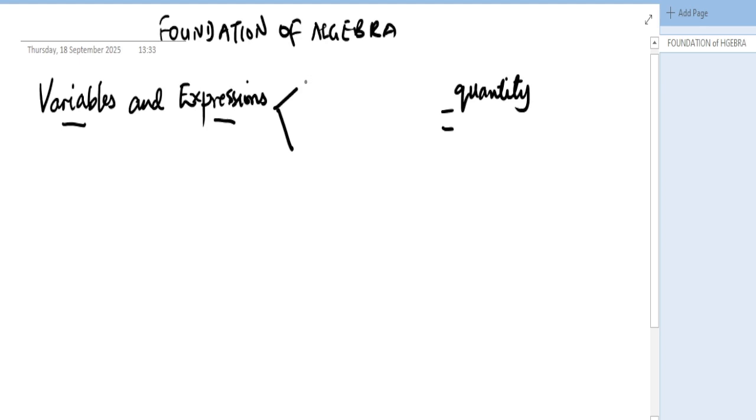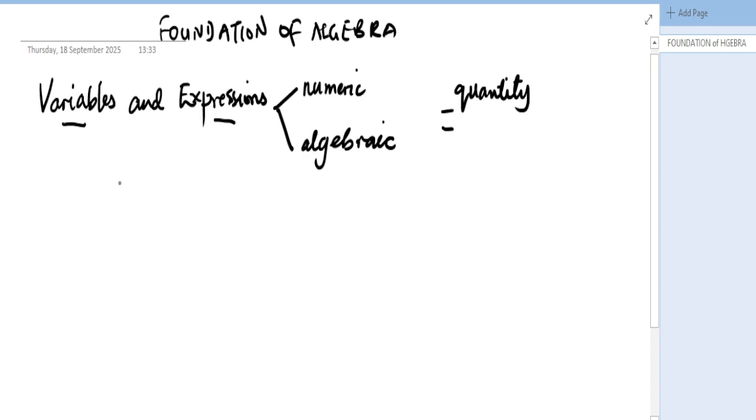We will look at it as numeric and algebraic. Yes, algebraic expressions and numeric expressions.